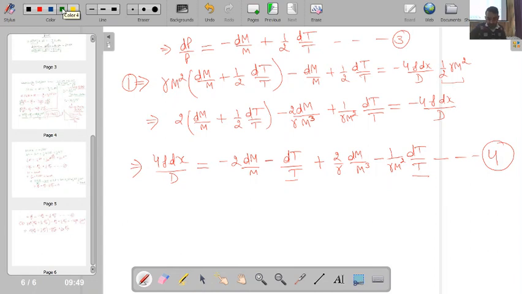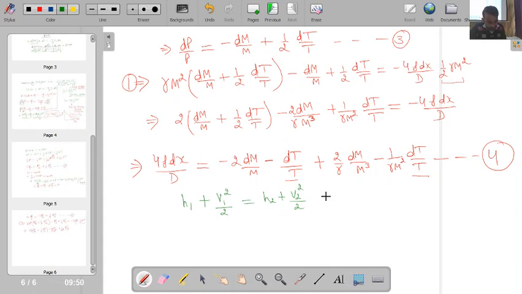So if I take the help of the energy equation, what I will get: for flow with friction, h1 plus v1 square by 2 will be equal to h2 plus v2 square by 2, because we don't have any heat addition over here. Neither are we adding any heat nor removing any heat.